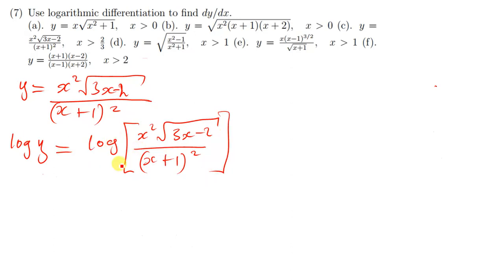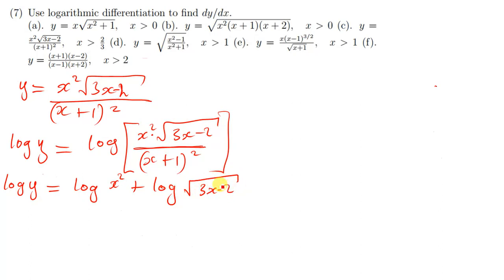Before we begin to differentiate, let's distribute the log to everything. As we are distributing, you're not just multiplying log times x squared. You have to consider the rules of logarithms. While there's multiplication, you're going to be adding. While there's division, you're going to be subtracting. What this means is that we're going to have log y being equal to log x squared plus log root of 3x minus 2.